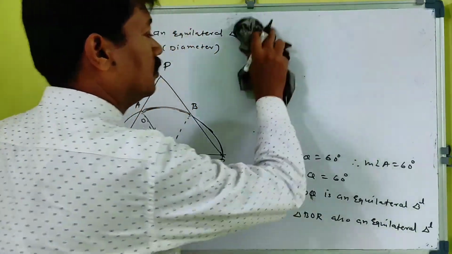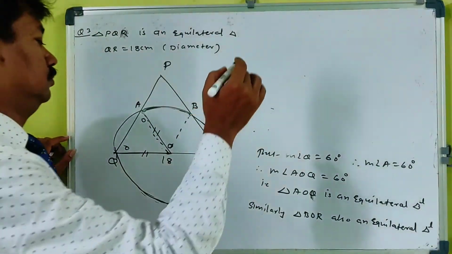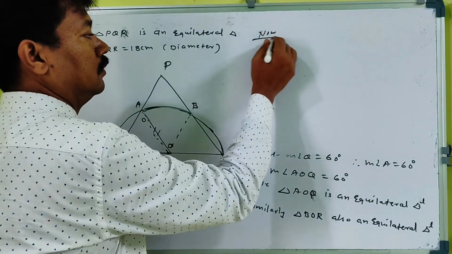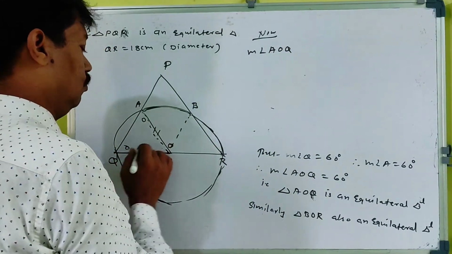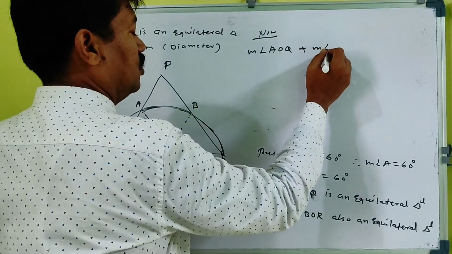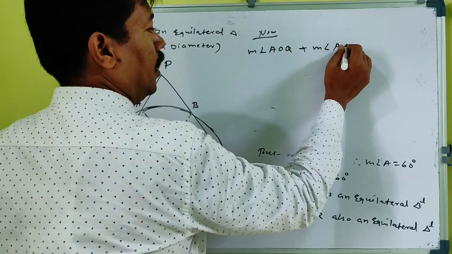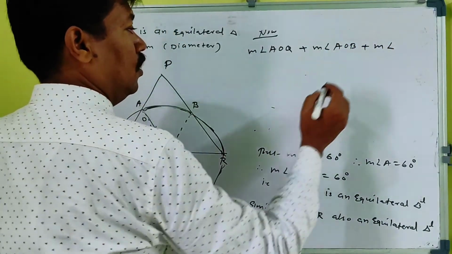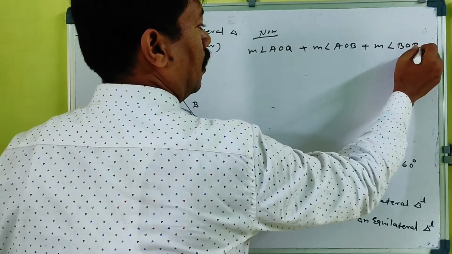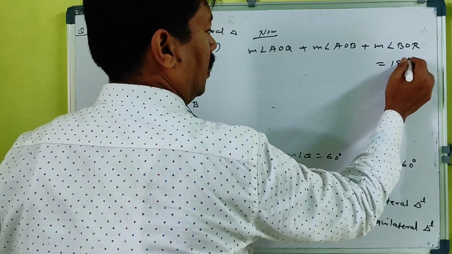Now we can say that measure angle AOQ plus measure angle AOB plus measure angle BOR should be equal to 180 degree. Why?